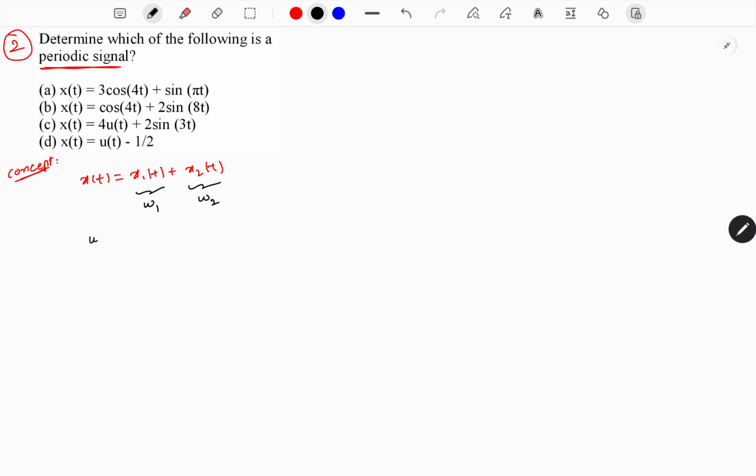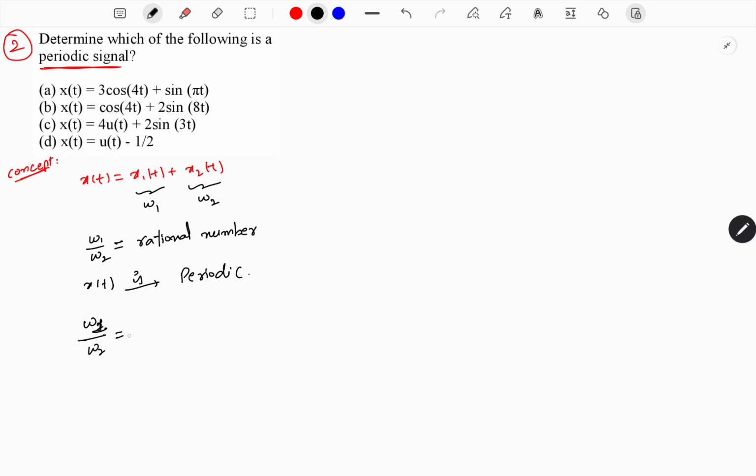Now divide one by the other, omega 1 by omega 2. If the result is a rational number, then the overall signal x of t is a periodic signal. Whether you take omega 1 by omega 2 or omega 2 by omega 1, whichever is comfortable.